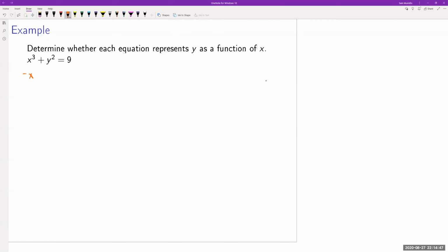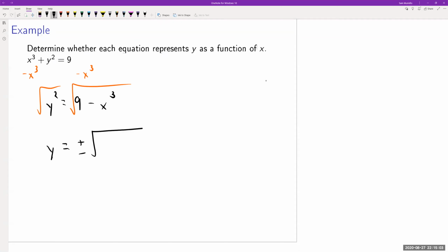That means the first thing I'm going to do is subtract x cubed from both sides. And then I'm going to need to take a square root. Now remember, whenever you take a square root, you need a plus or minus. So y is equal to plus or minus the square root of 9 minus x cubed. And now I've got myself a problem. What if x was 0? Then y would be plus or minus the square root of 9, or plus or minus 3.